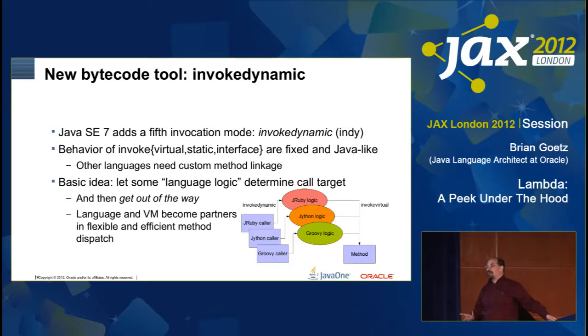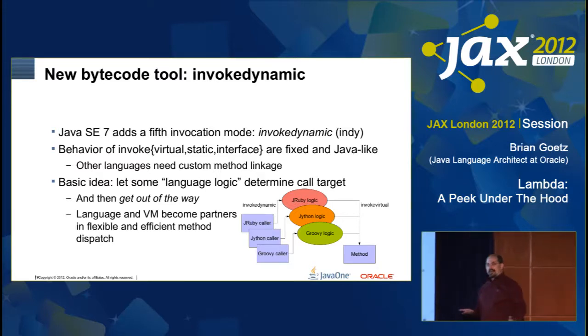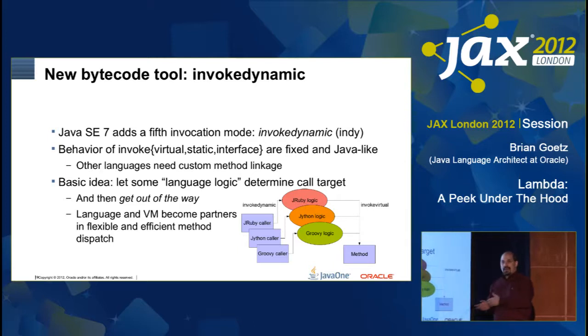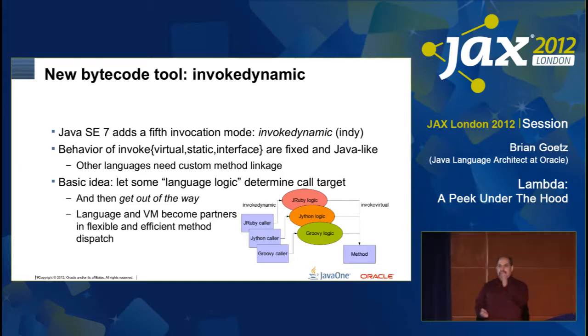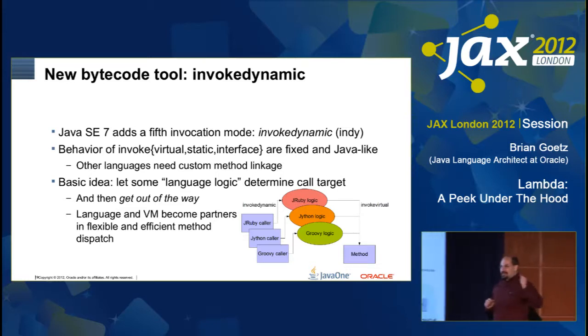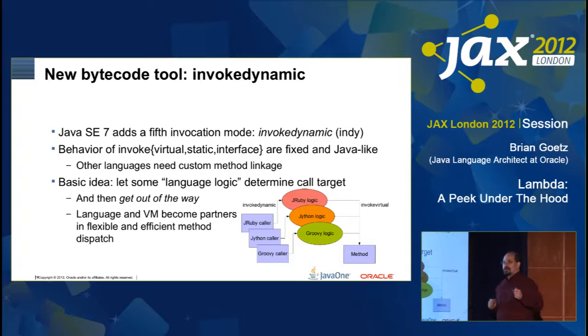But the basic problem that we have is that languages other than Java needed a way to say, this is how you resolve a method call in my language. When I say a.b, and b is some method on a, I don't necessarily just want you to use the Java rules to look b up. I want you to use my rules.